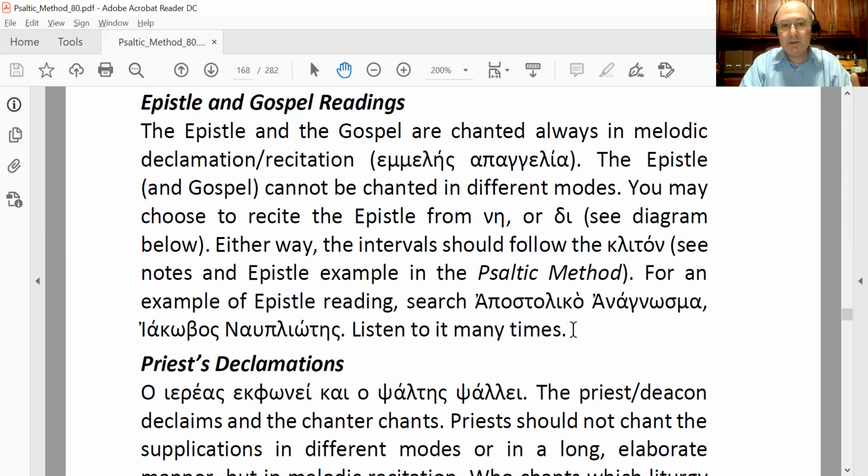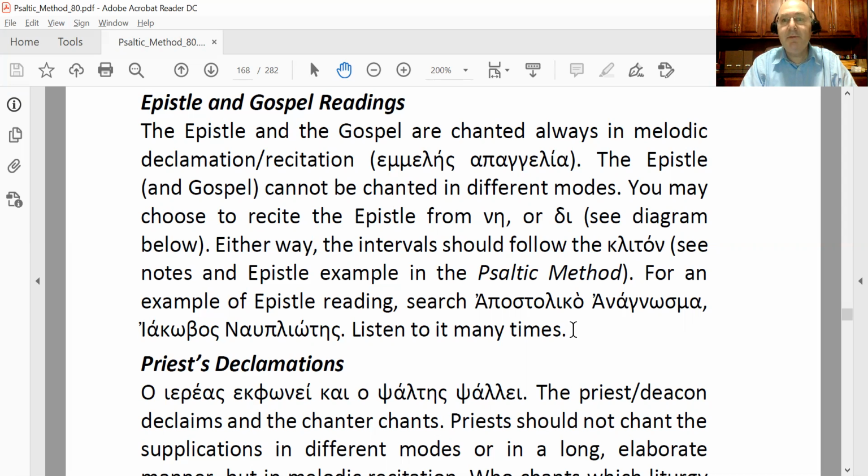So, because the epistle readings were epistles or letters from Paul to the Ephesians, to the Galatians, to Timothy, all of those, but they were letters. In English, we call them epistles, but in Greek, we call it the apostolos or the apostles. So do not confuse the two. Both mean the same thing.